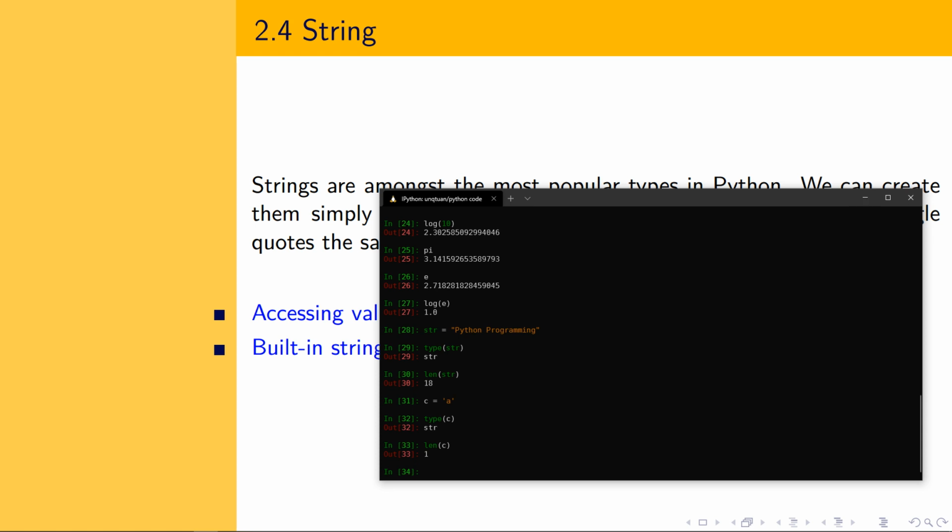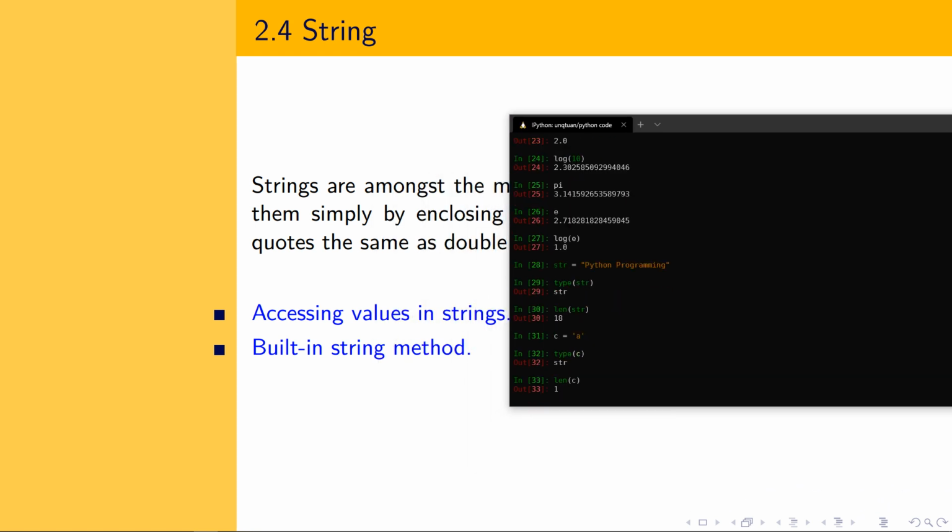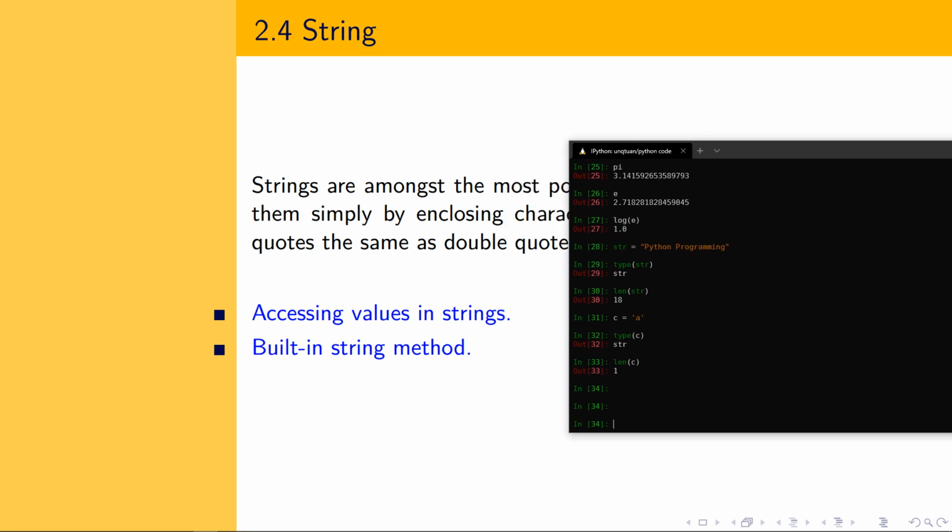Okay, the next interesting thing I would like to teach you is how to access values in a string. Let's say we have the string "Python programming", and you want to extract a substring like "Python". You write the string and the square bracket 0 colon 6.